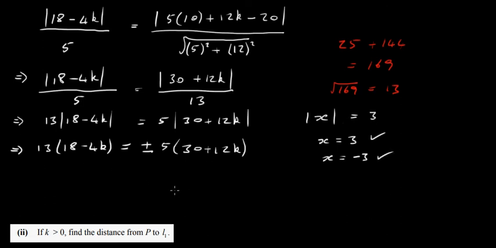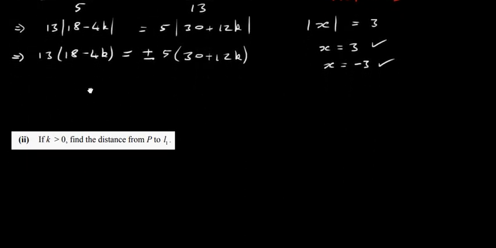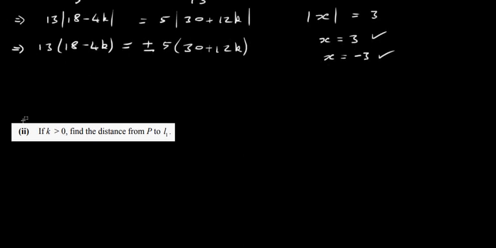So this works here because this could be plus or minus, so you can just put in one plus or minus here. In other words, 13 times 18 minus 4k could be equal to plus or minus this here. Okay, so we've got two equations here that we need to work out.